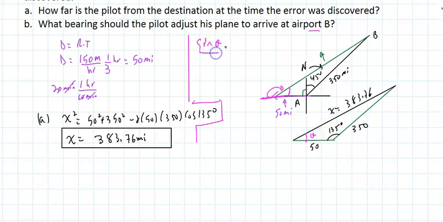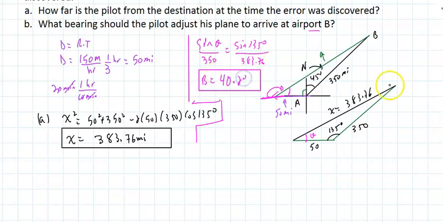The sine of theta to 350 equals the sine of 135 degrees to 383.76. So I could figure out what theta equals. I'll get this to be 40.2 degrees.